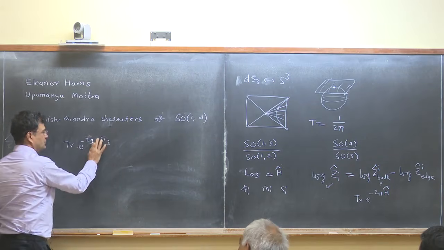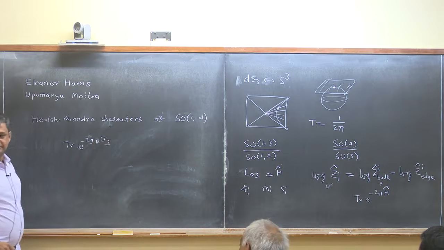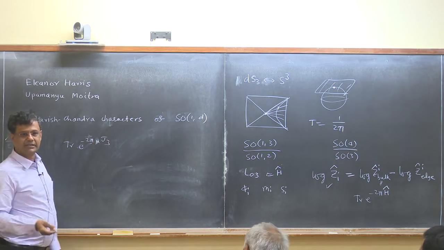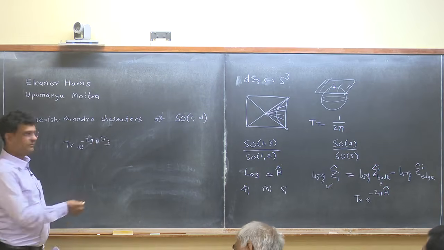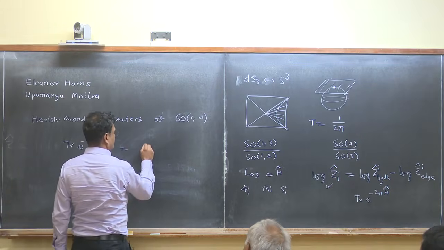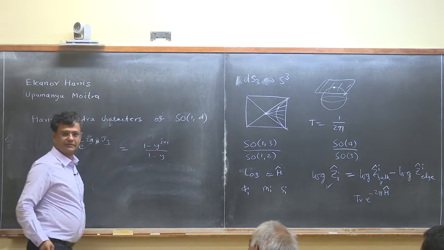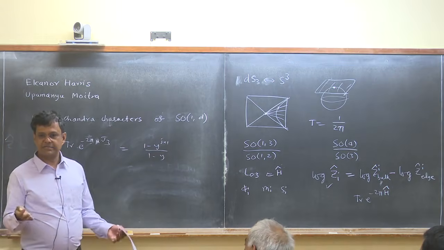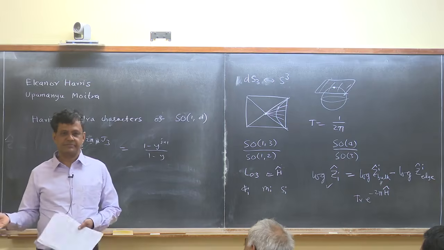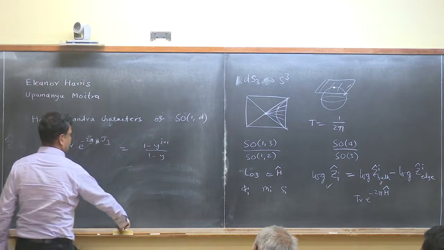So this is like mu, which is y to the power j3, right? And you can calculate it in a given representation. So it will be something like 1 minus y to the power j plus 1 over 1 minus y, right? So it's just a trace in a finite dimensional Hilbert space of some operator. Right? That's called a character.